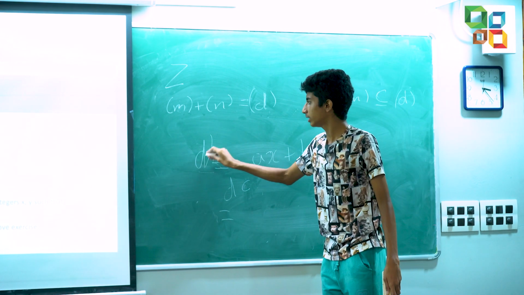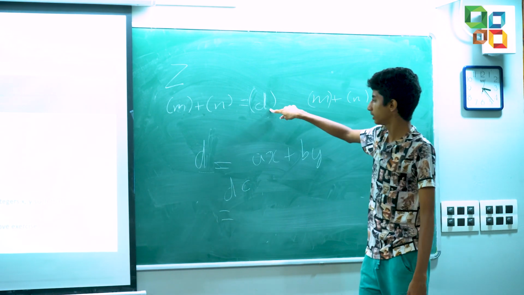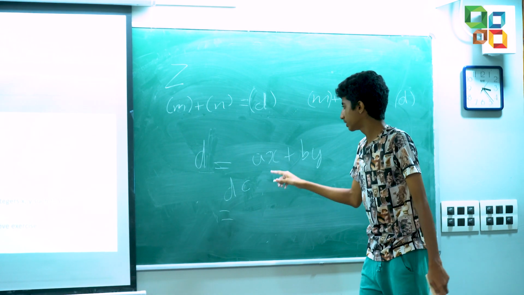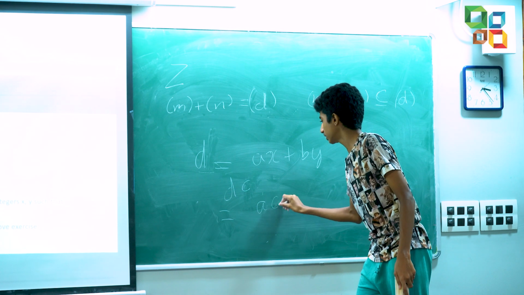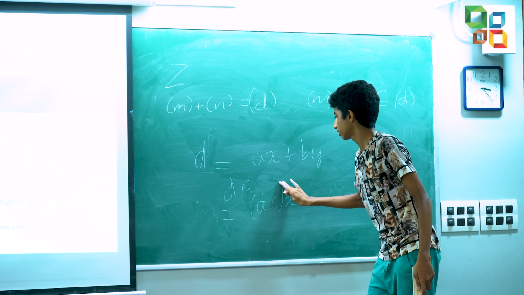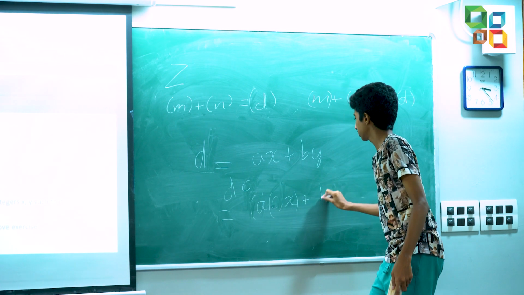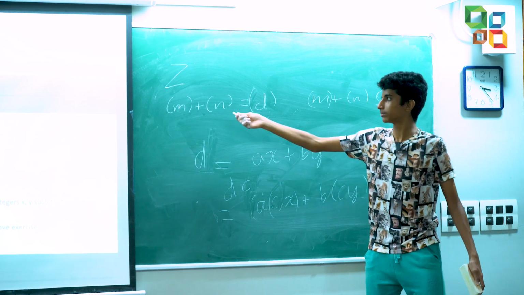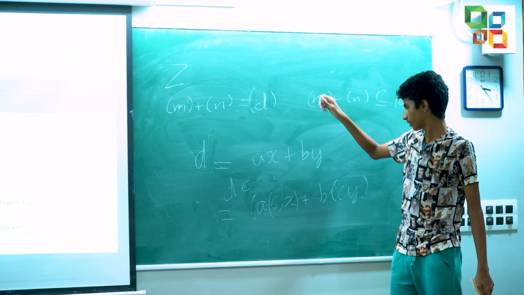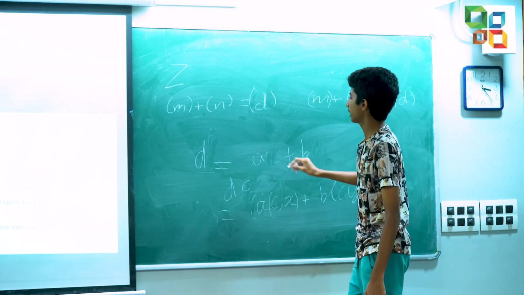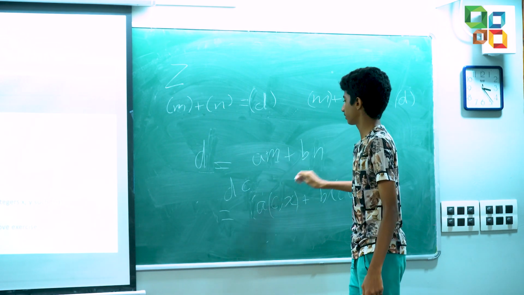Any number in this ideal is of the form D times c, it's a multiple of D. Sorry, not ax plus by, rather am plus bn.